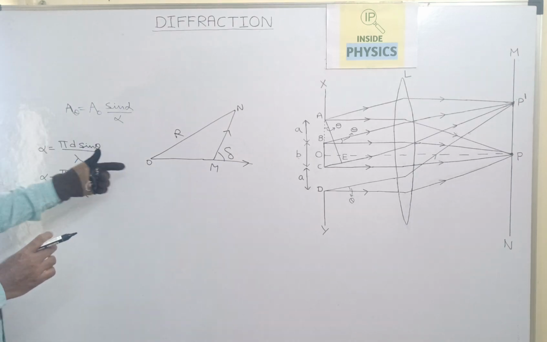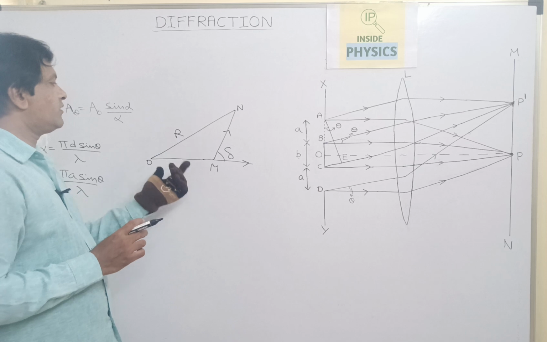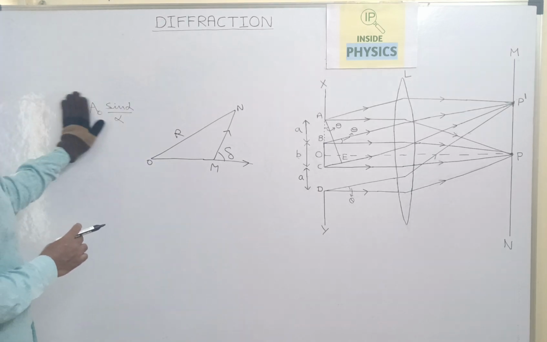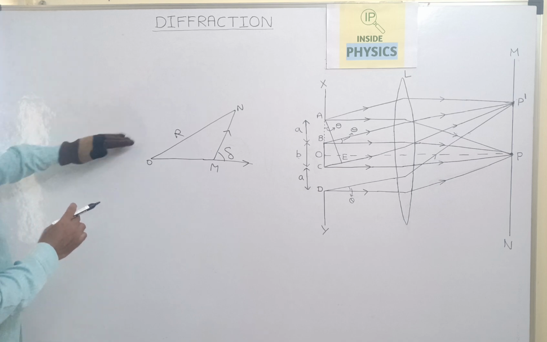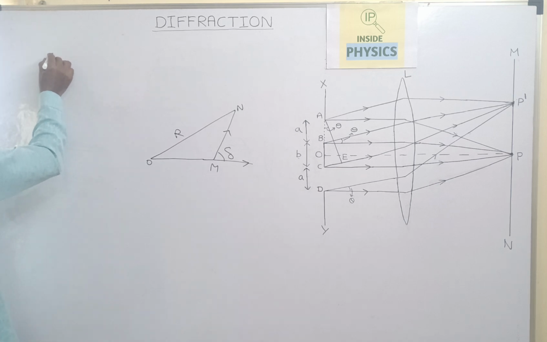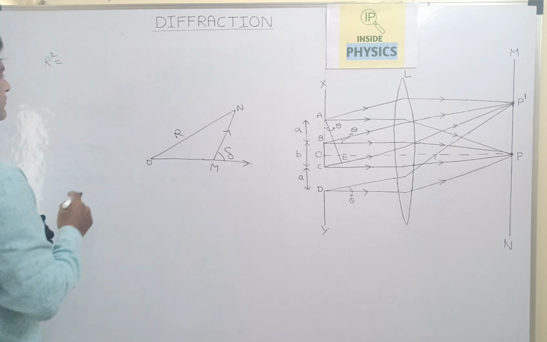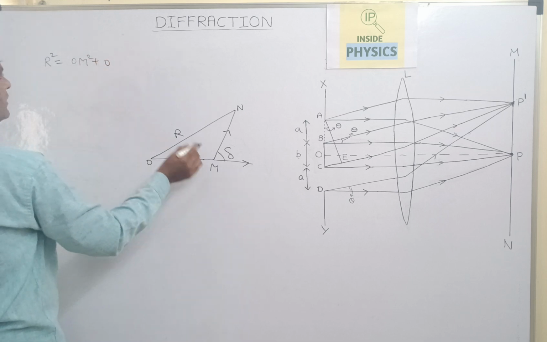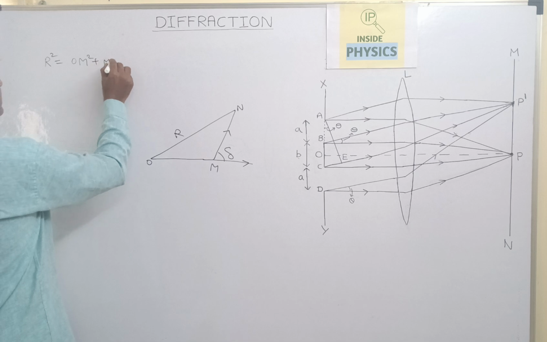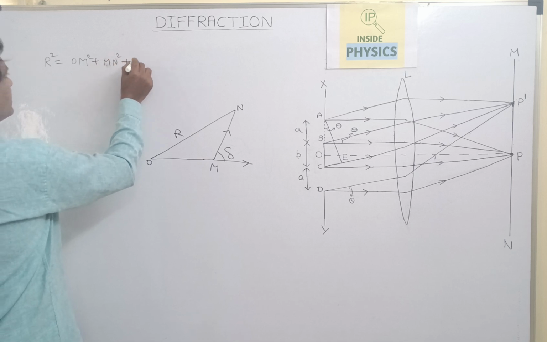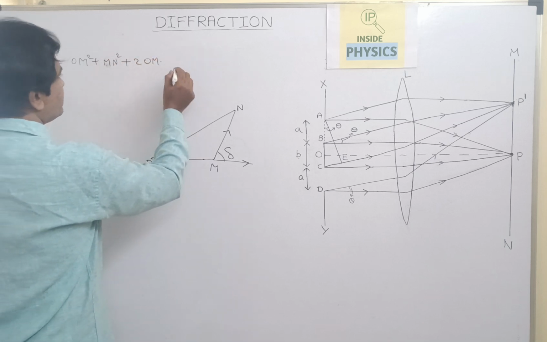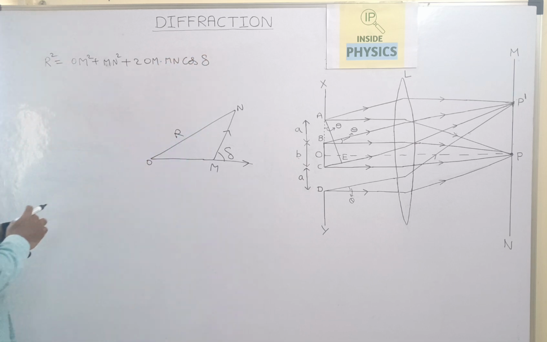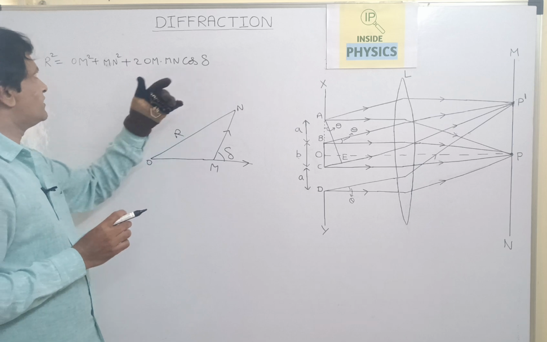Here I can write ON, or the resultant R, as R square is equal to OM square plus MN square plus 2 OM MN cos delta, where delta is the phase difference.